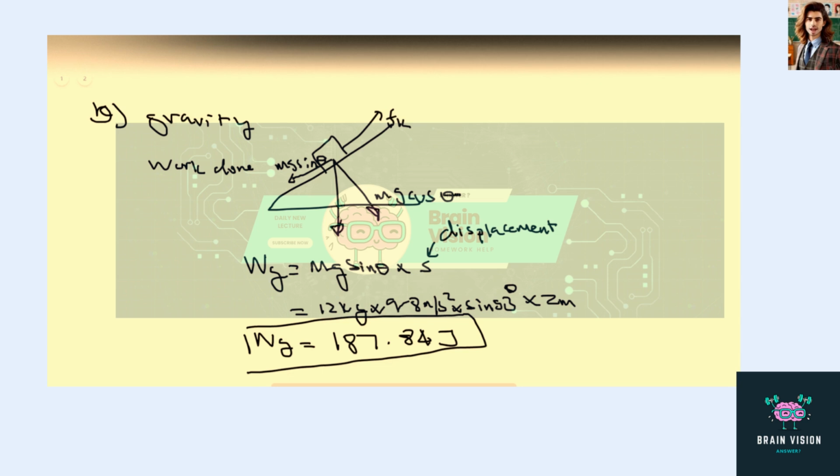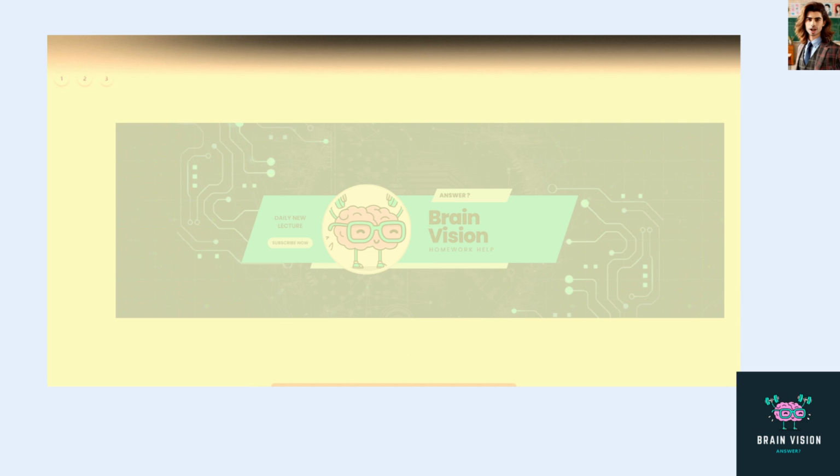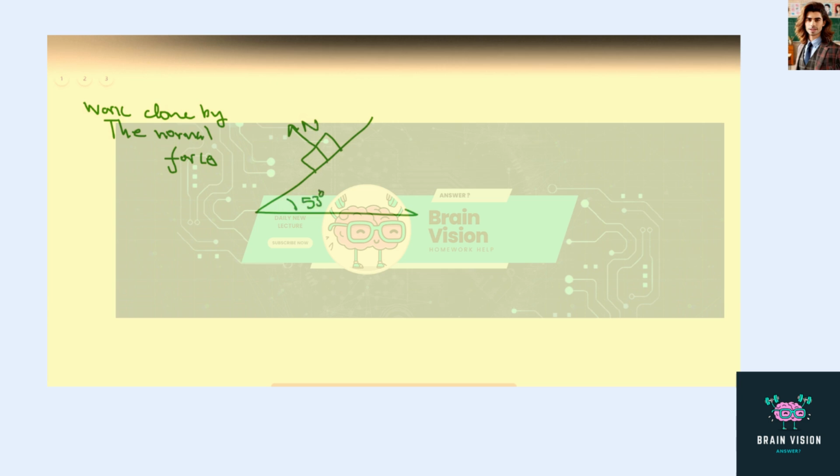The next part of the problem is the work done by the normal force. Remember, it's an incline, and the normal force is pointing that way at an incline of 53 degrees. It's opposed by mg cosine theta.